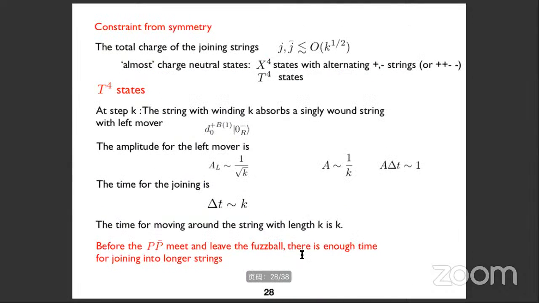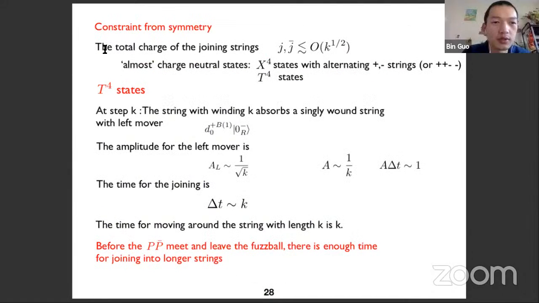Okay. So we can also consider using the constraint from symmetry. If you join k strings into a string with winding k, the total charge cannot be larger than square root of k, because the charges are carried by the fermionic modes, and if you have too much charge, you need too many D's, and because they are fermionic, the energy you carry will be larger than the initial energy.